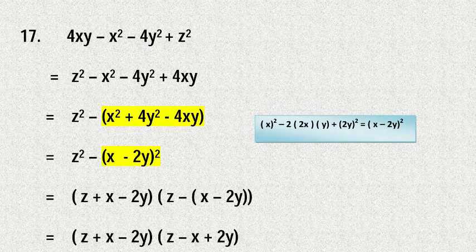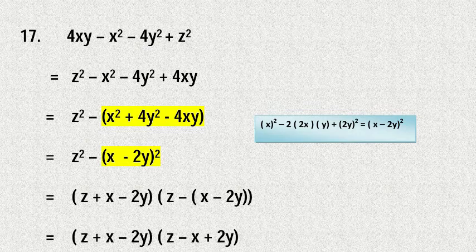In the third step, take out minus as a common factor, then x square plus 4y square minus 4xy is remaining in the bracket. So this can be expressed as x minus 2y whole square. Now we have it in a simplified form, z square minus of x minus 2y whole square, where you can apply the identity a square minus b square is equal to a plus b into a minus b.